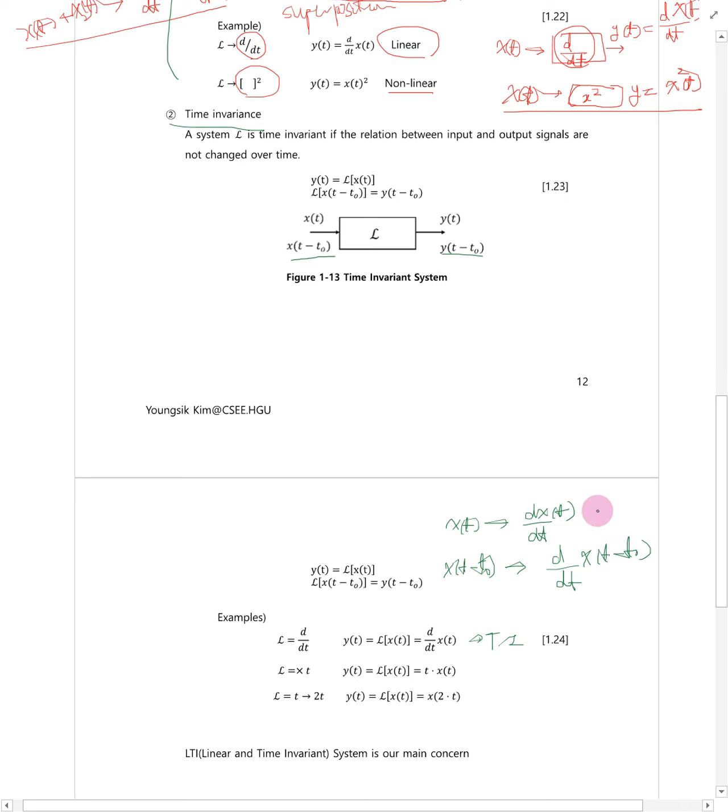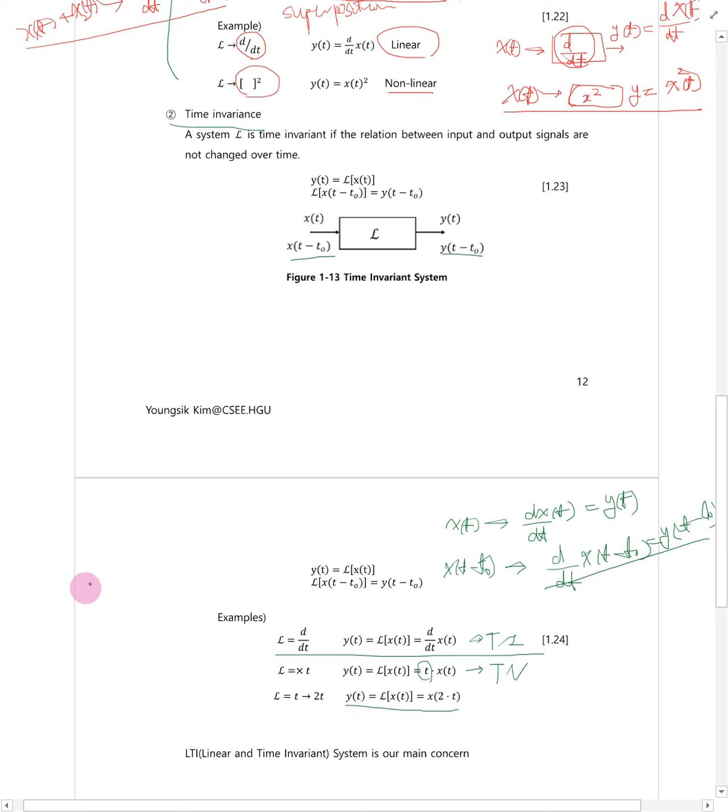If this is y(t), then this one is y(t minus t0), just a time-shifted version. So it satisfies time invariance. You can try another one, a time-dependent system. This is a time variant system.